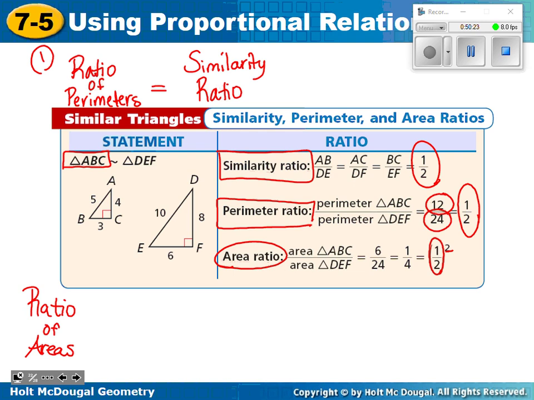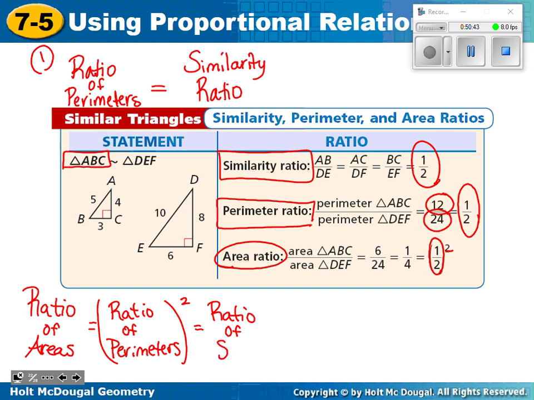The ratio of the areas will equal the ratio of the perimeters squared, which is the same as the ratio of the sides squared. That's super important. Ratio of the areas is equal to the ratio of the perimeter squared, which is equal to the ratio of the sides squared.